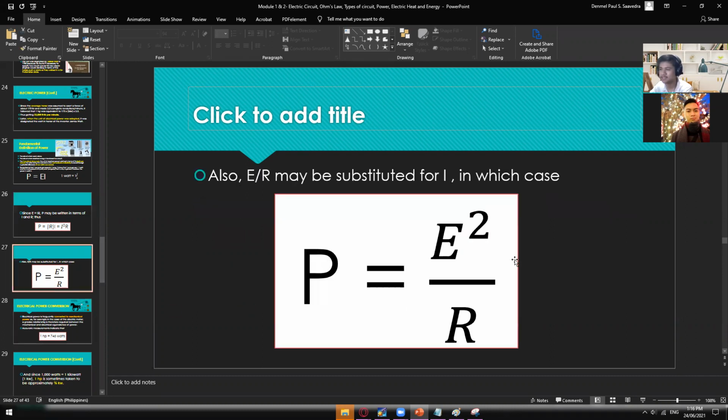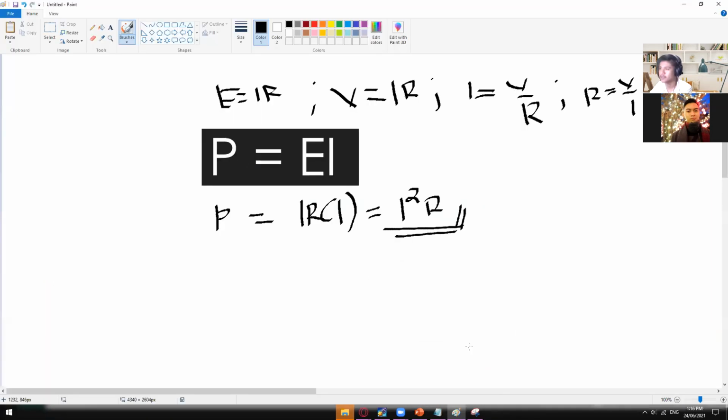But what about E squared divided by R? The same concept.